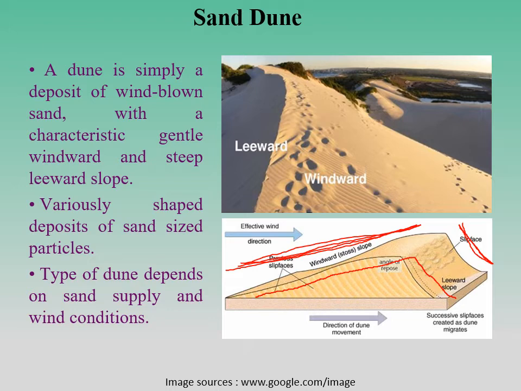Now dunes are variously shaped deposits that depend on the direction of wind as well as the sedimentary grain size. So the supply of grain size as well as the direction of wind flow controls the different shapes, the different varieties of dunes. Aeolian dunes are huge dune fields.